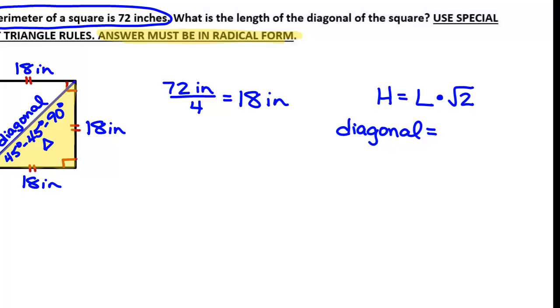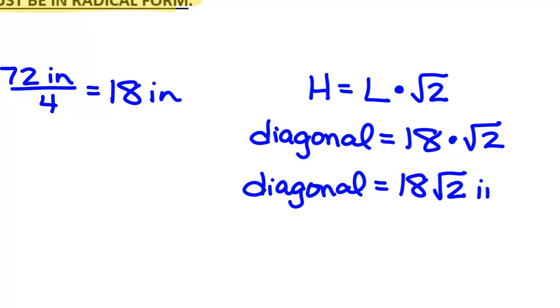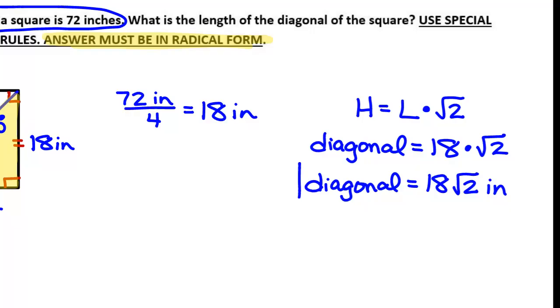How big are both legs? 18. So I would have 18 times radical 2. So the diagonal is 18 radical 2 inches.